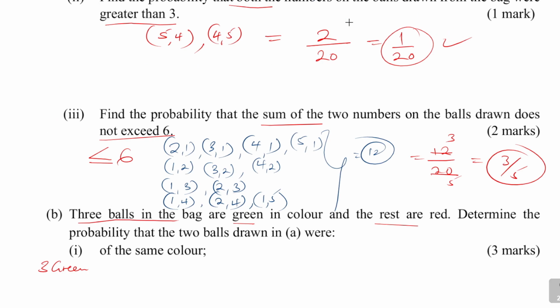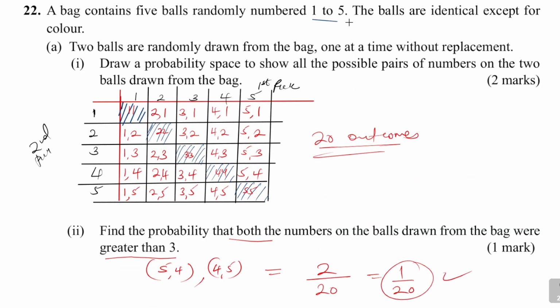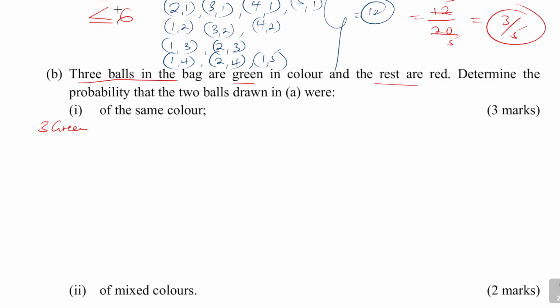So how many of these are red? The rest. Remember, this bag contains 5 balls. So if 3 are green, the rest are 2 to give a total of 5. And these are the ones that are red.